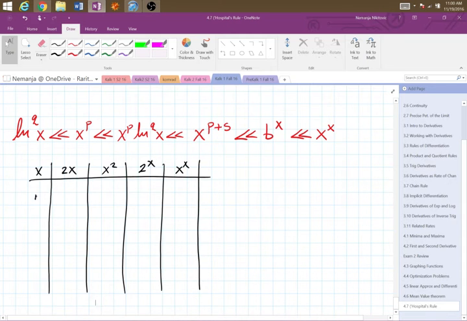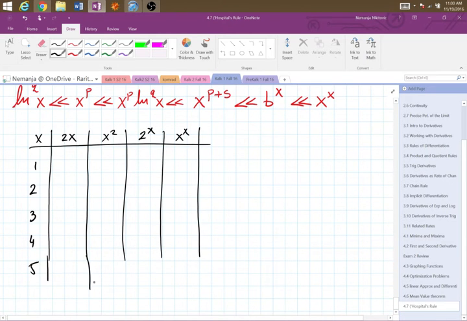I'll pick 1, 2, 3, 4, 5 as values. So if I'm doubling these, I get 2, 4, 6, 8, 10. So clearly 2x grows faster than x, right? Because every number is twice as large.